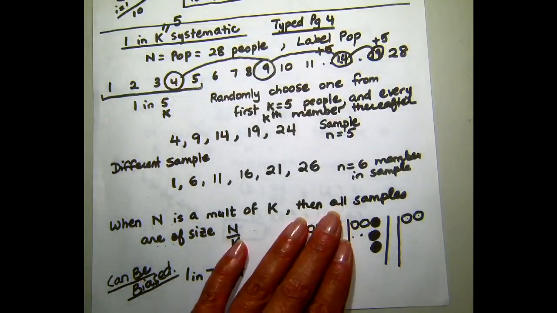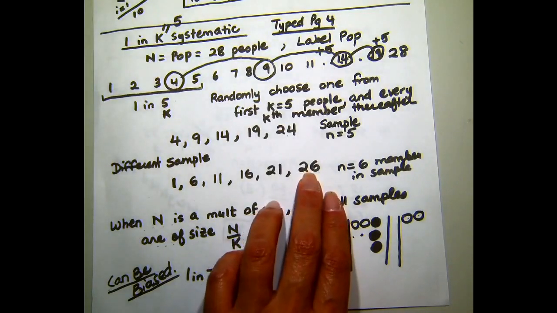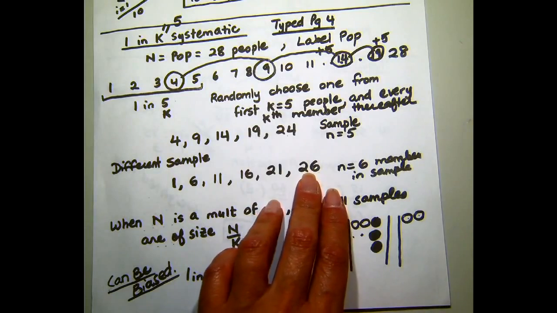So the next question is, what is the probability that person number 26 will be in your sample? Let's say that's the question. What's the probability that person 26 is in your sample?